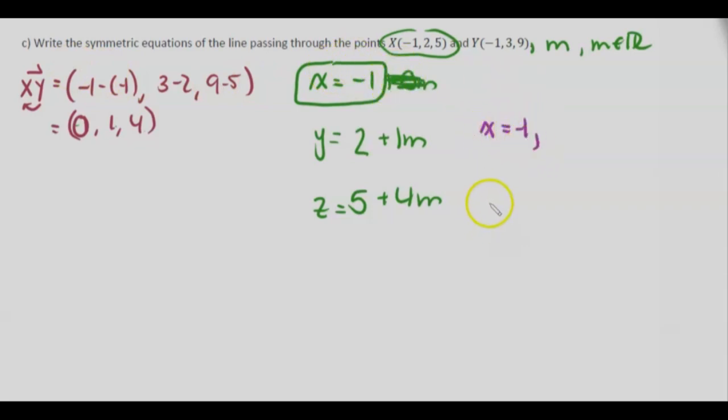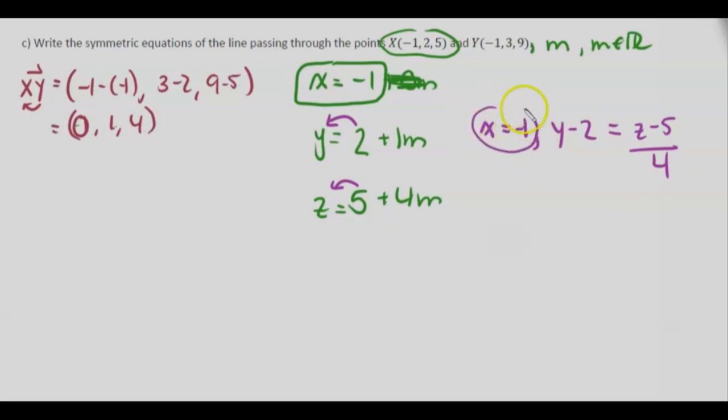X equals -1. And then let's list our actual symmetric equation for y and z. Okay, so y is going to be y minus 2, and it is over 1, so let's just leave that. And then equals z minus 5 over 4.